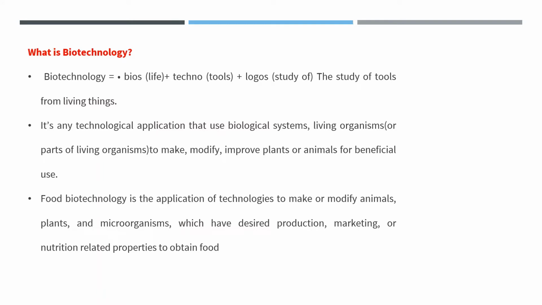Biotechnology is any technological application normally used in biological systems, living organisms or parts of living organisms to make or modify plants or animals for beneficial use. The application of these technologies is to make or modify animals, plants, and microorganisms which have desired production, marketing, or nutrition-related properties to obtain food.